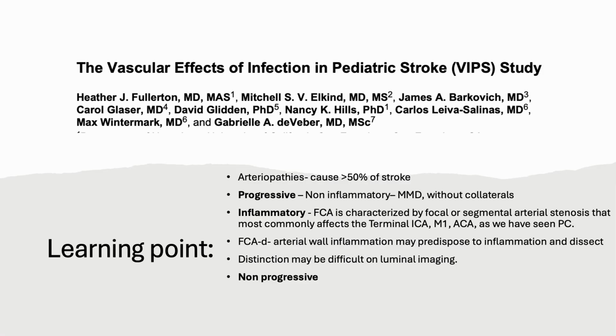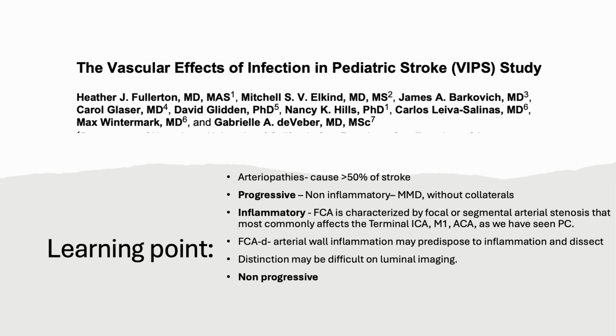So what we've learned is that infection clearly has an important role in the pathogenesis of FCAI. Several studies have found an association with varicella zoster virus in particular, which could be an infectious, parainfectious phenomenon leading to inflammation of the vessel walls and secondary arteriopathy.